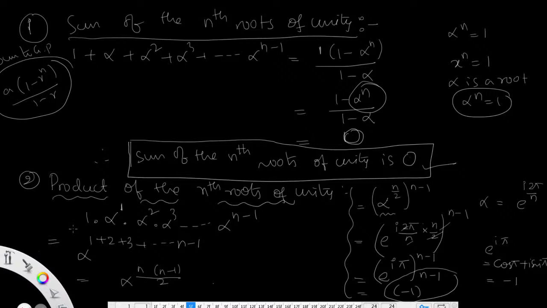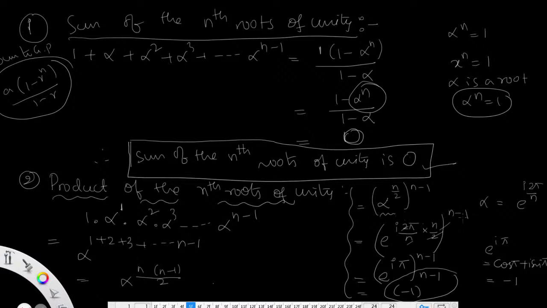How did we get it? The product means 1, alpha power 0 means 1, alpha square, alpha cube, and so on up to alpha to the power of n minus 1. Since the bases are equal, the powers are added: 1 plus 2 plus 3 up to n minus 1, the sum of the natural numbers, where n is n minus 1. So alpha to the power of n into n minus 1 by 2, which is alpha to the power of n by 2 whole to the power of n minus 1.